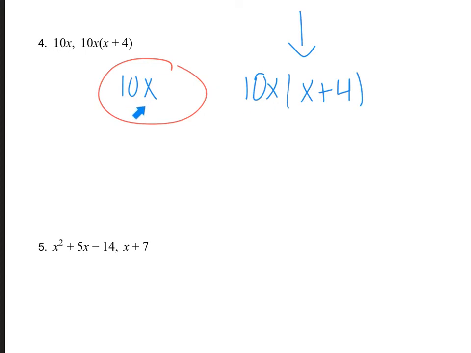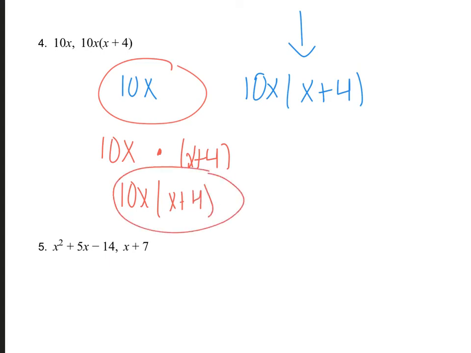If I were to do that, that would be my least common multiple. As long as I multiply this expression here by x plus 4, it will become the same thing. And just to show you that, let's do it. 10x times x plus 4, I would simplify that down to just 10x times x plus 4, right?